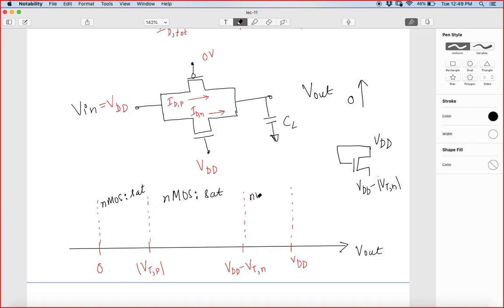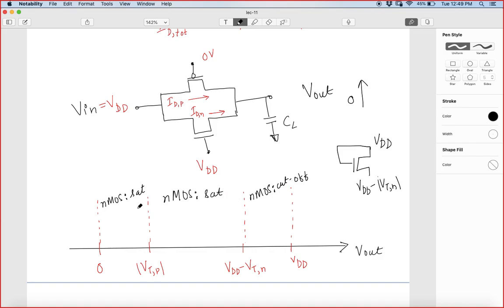So NMOS will be in cutoff region whenever this voltage crosses VDD minus VTN.